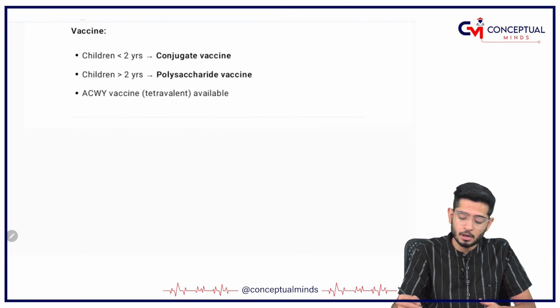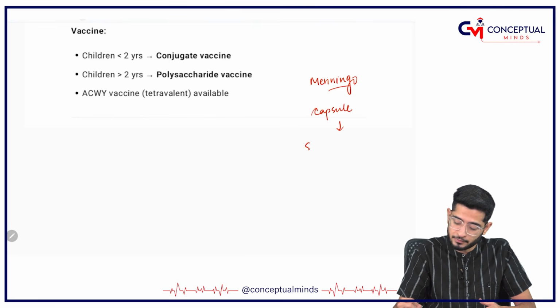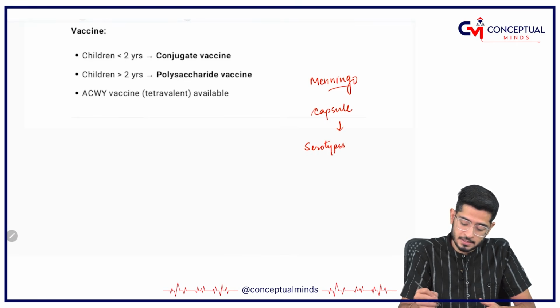Now, what about the vaccine? Remember, meningococcus has a capsule, and whenever there is a capsule, there are going to be different serotypes, and because there are different serotypes, of course, there are going to be a conjugate vaccine and a polysaccharide vaccine. Polysaccharide vaccine for more than 2 years, conjugate vaccine for less than 2 years.